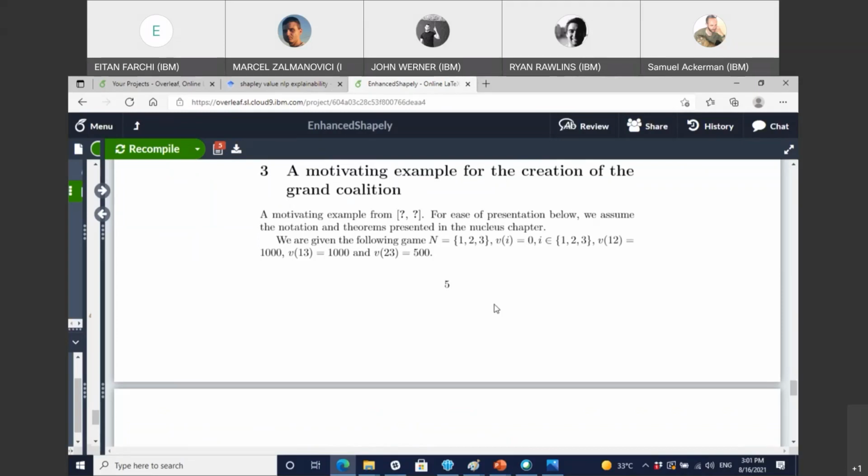So basically, the Shapley value is just a single vector, and in that sense, it's an unusual solution in game theory.